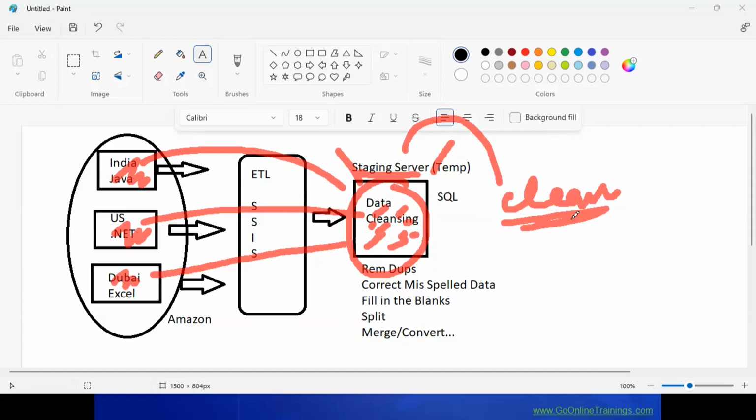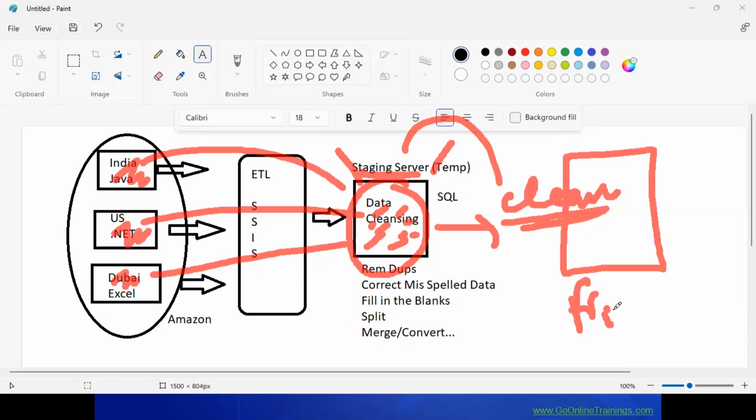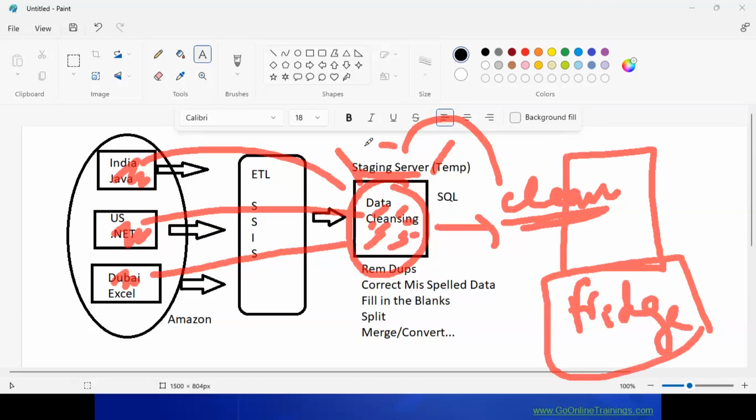Staging means temporary. After coming home, what do you do? You clean the vegetables. The cleaned vegetables you're going to be keeping in a fridge, right? The fridge is bigger than the carry bag. Carry bag will be a small item, with a small chunk of data each time, but all the vegetables throughout the week you will be keeping in the refrigerator.